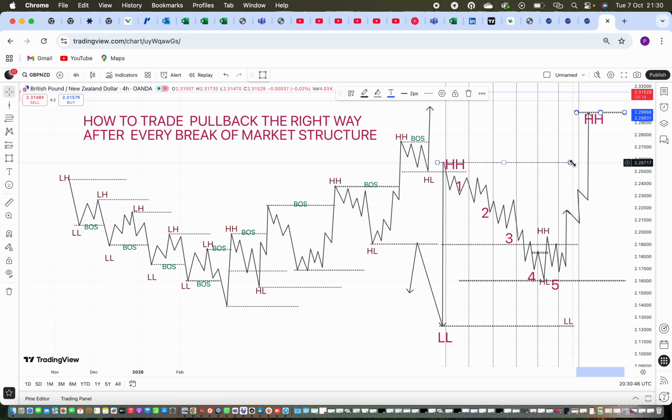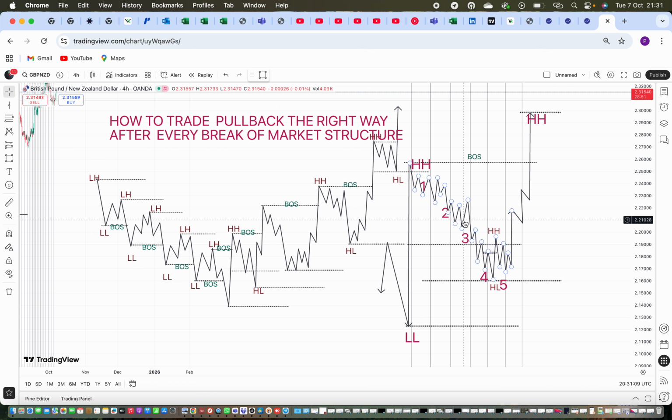All right, and we can safely say price has broken structure to the upside, so we can take this and make this our new break of structure. You see now? So remember, now we have a lower low that creates a higher high, a lower low again that creates a higher high. All right, I hope you're learning something from this video.